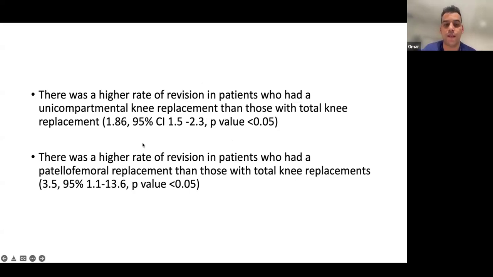Okay. Next, similar question. There was a higher rate of revision in patients who had a patellofemoral replacement than those with total knee replacements. Again, 3.5 was the revision rate, 95% confidence interval 1.1 to 13.6. The p-value is still less than 0.05 because the confidence interval did not cross 1.